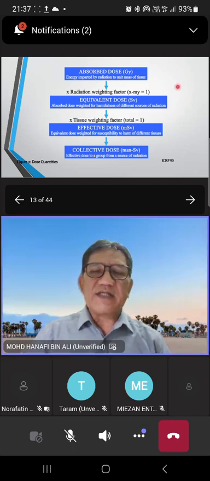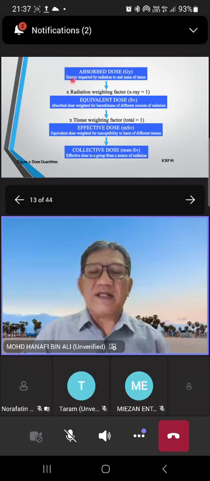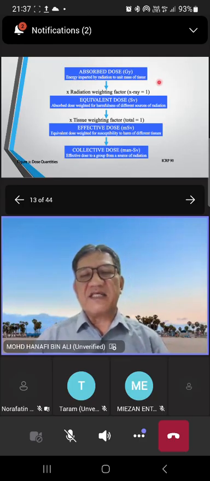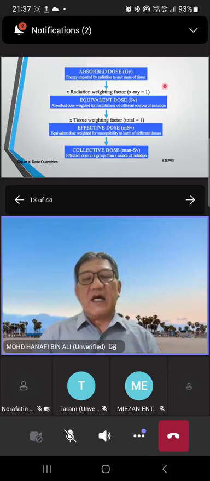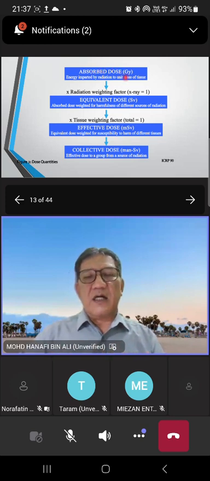Okay. If we use X-ray, because the X-ray weighting factor is 1, then we use a different unit already. Yeah, we call it equivalent dose. Equivalent means we already take into account the X-ray's power. Okay, then we call it sievert. When we discuss later, millisievert is something where we already take account of the radiation dose in our unit.